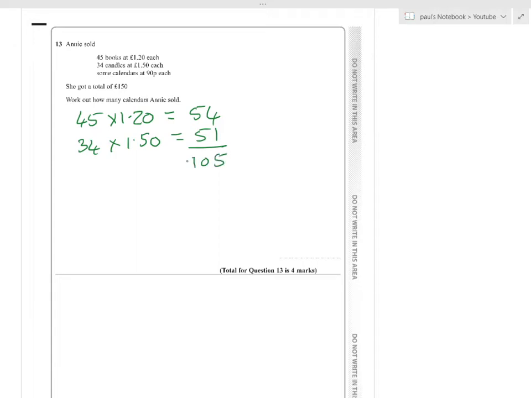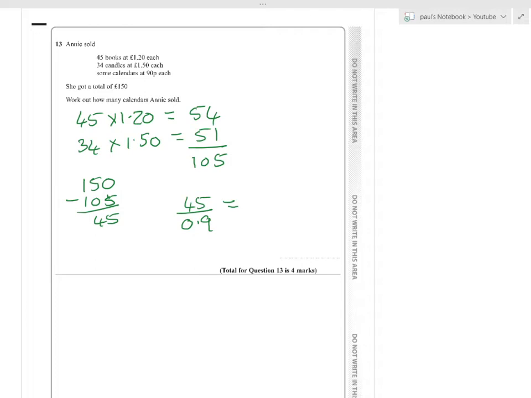Now she got £150, so 150 take away 105 is £45, and she sold the calendars at 90p. So £45 divided by 0.9 is 50.